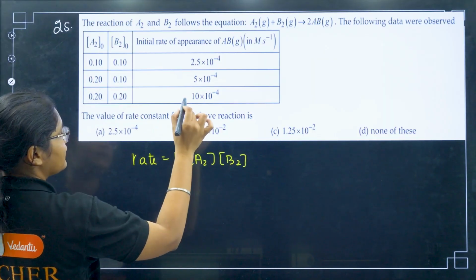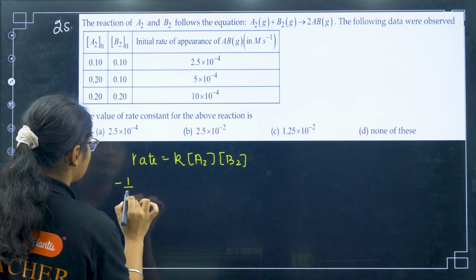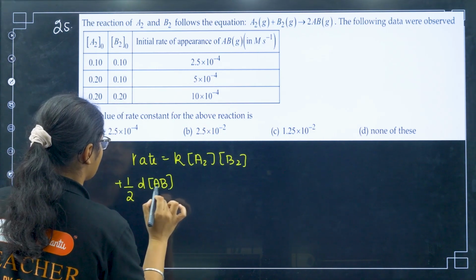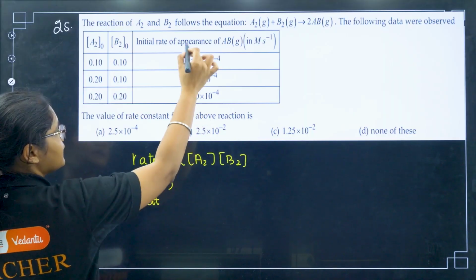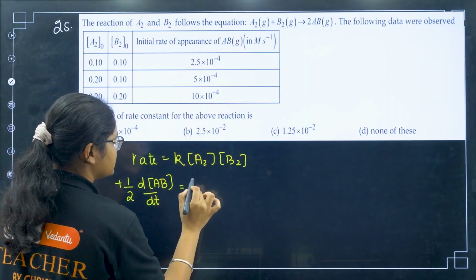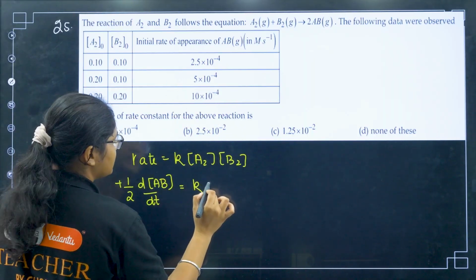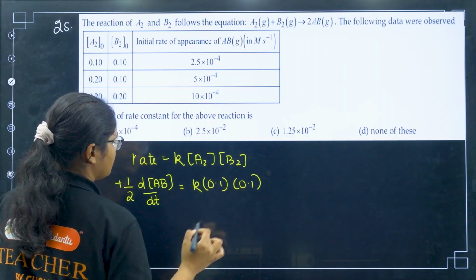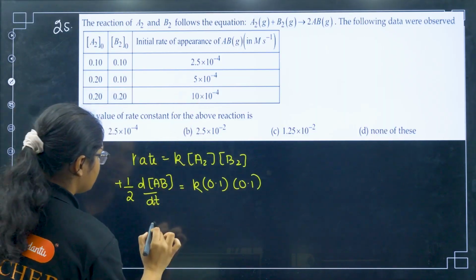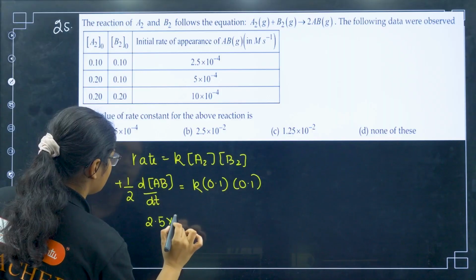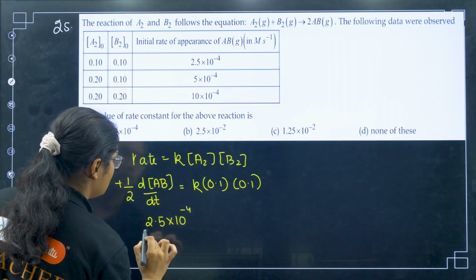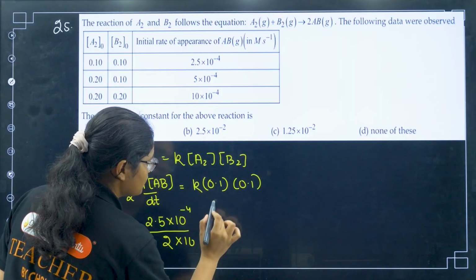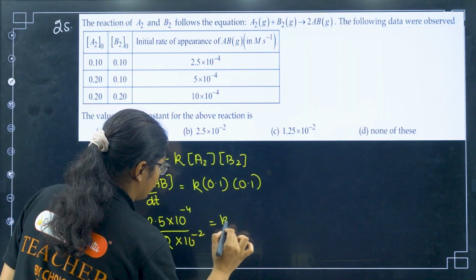In place of rate, I can write plus 1 by 2 dAB by dt. Why I am doing this? Because here it is AB which is given in the question. Then A2 concentration here is 0.1, B2 concentration is 0.1. Now dAB by dt, this one is 2.5 into 10 to the power of minus 4, then 1 by 2 into 10 to the power of minus 2 equal to K.